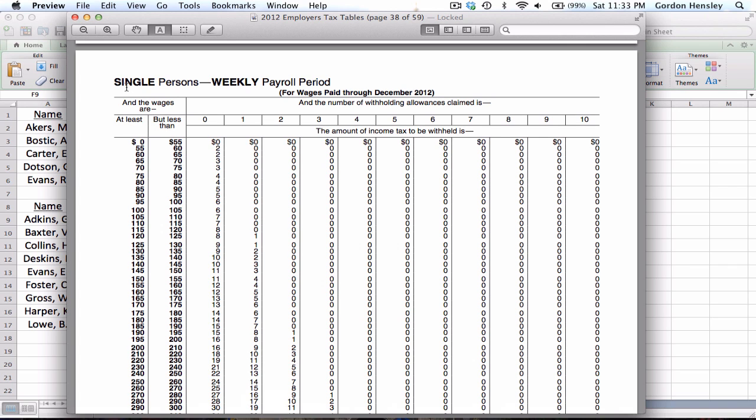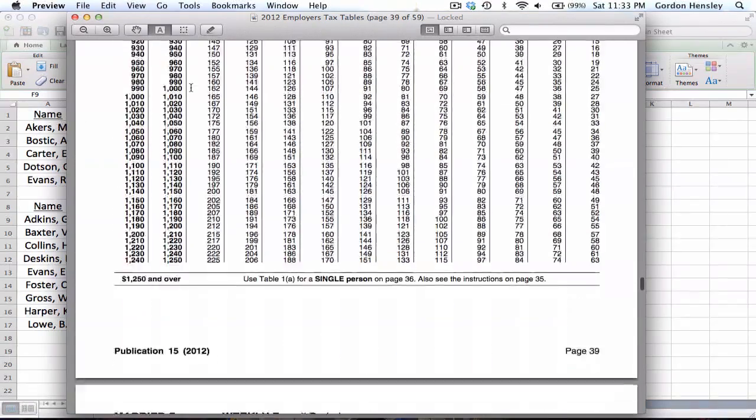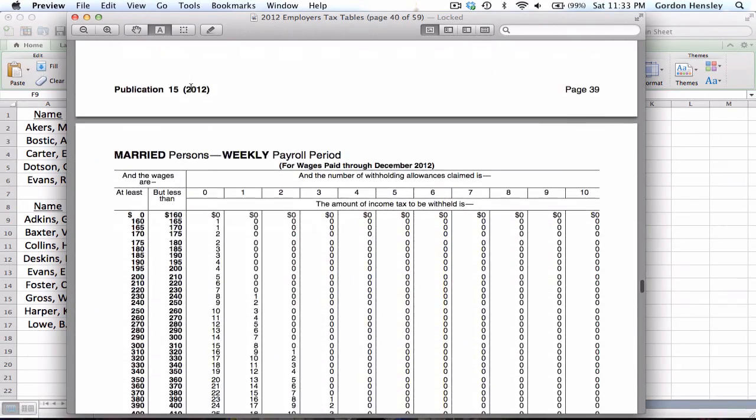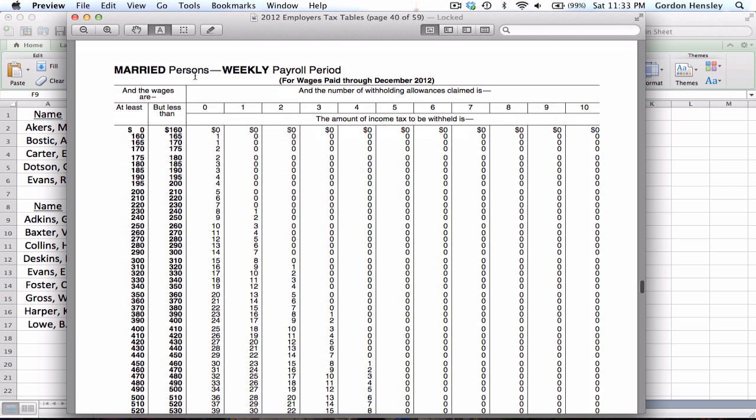Well, this table is for single weekly, so I can't use that table. I've got to find the table for married weekly. So I scroll all the way down, and finally I see here on page 40, married weekly. So that's the table I want to use. So you see the problem here. There's less calculations, but more opportunities to make a mistake because it's so easy to not use the proper table.